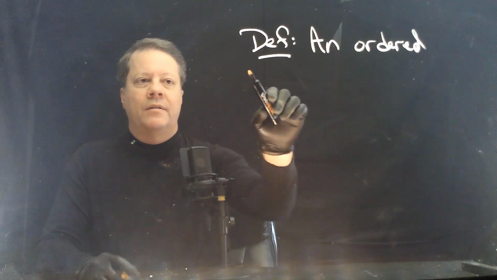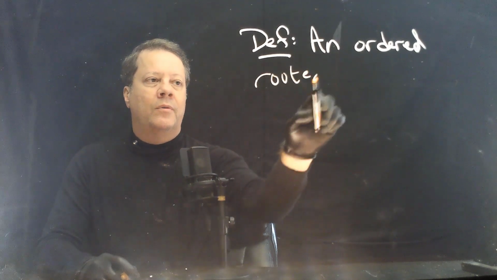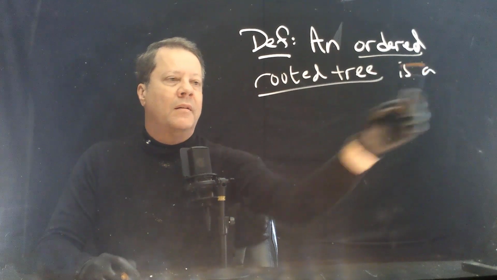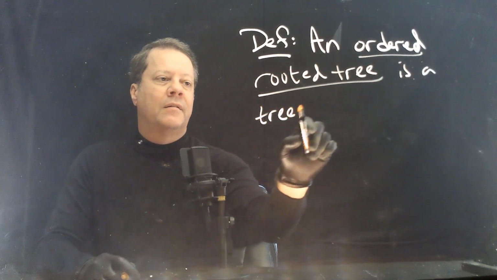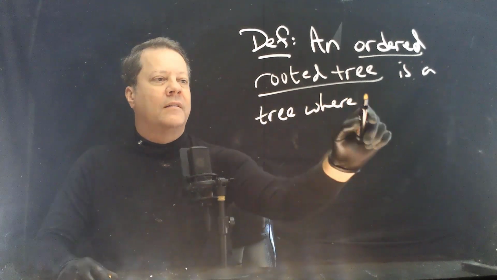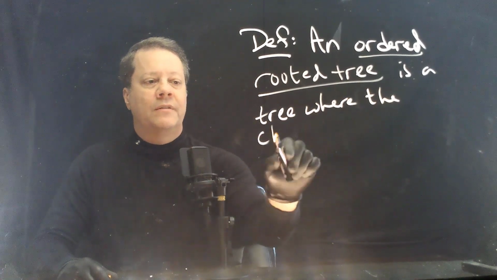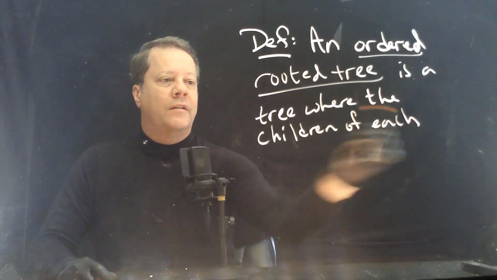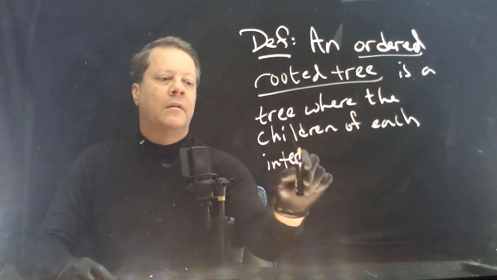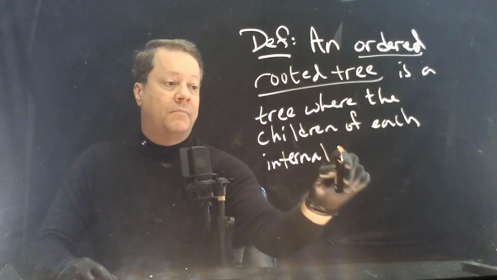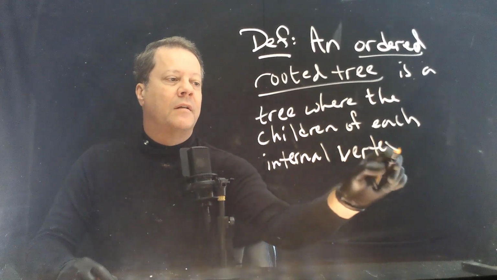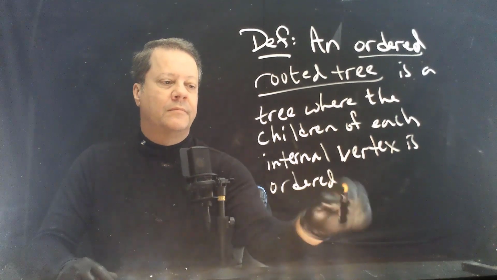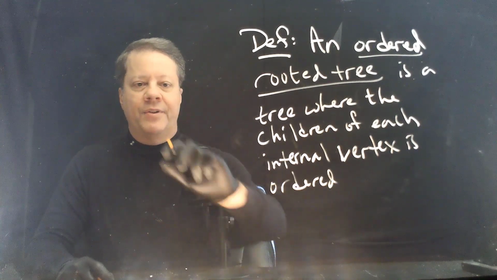An ordered rooted tree is a tree where the children of each internal vertex are ordered, just like in a family tree.